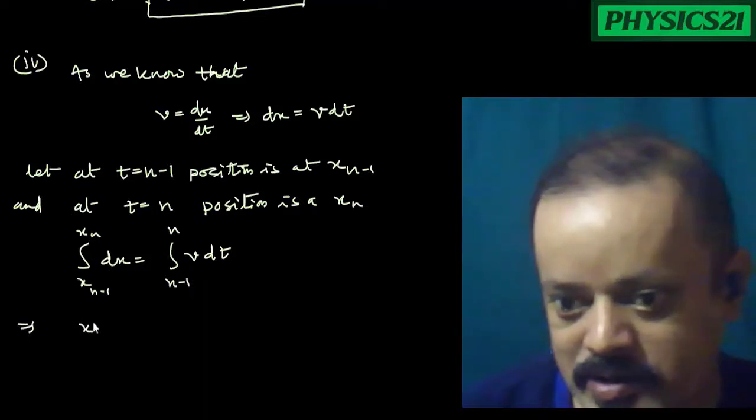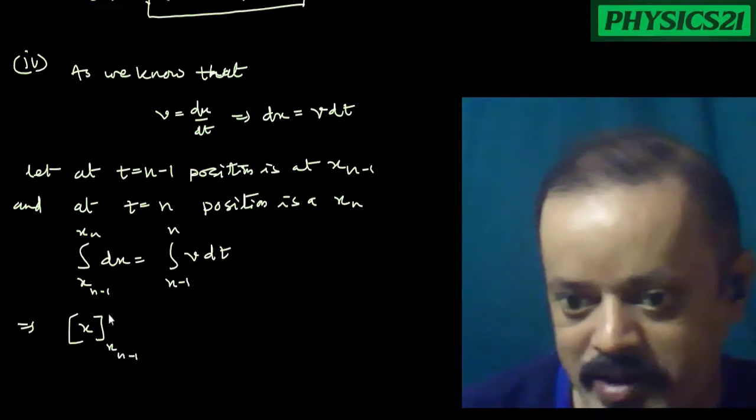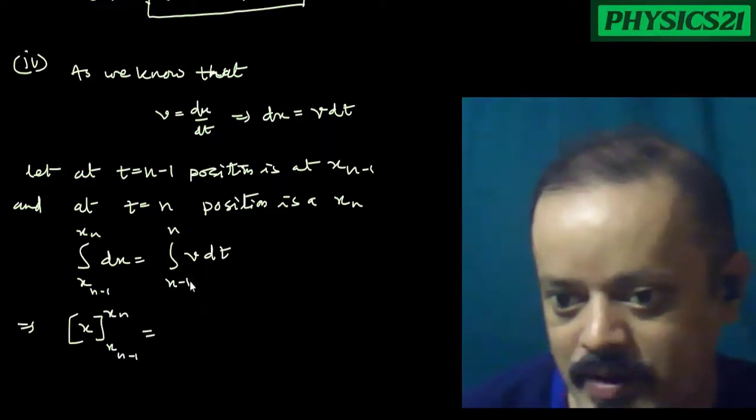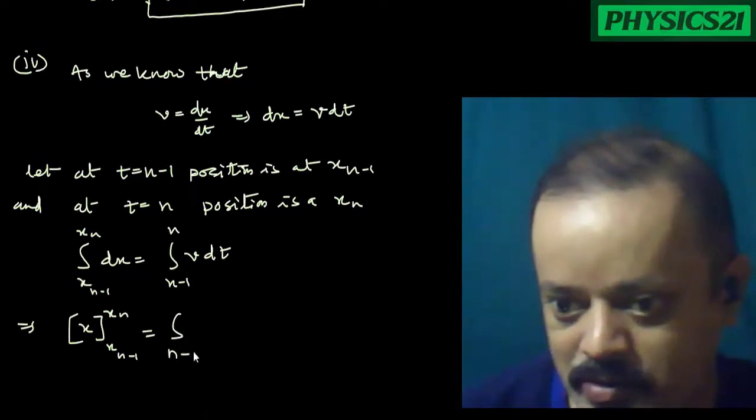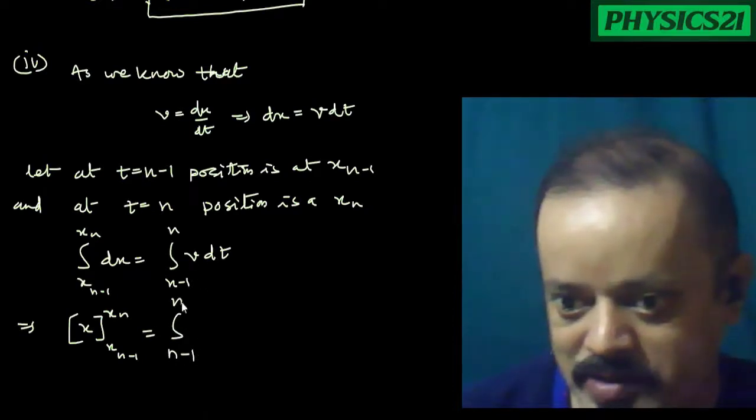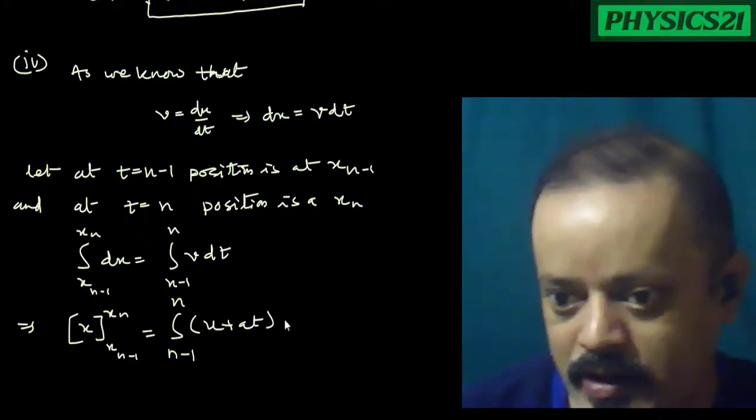As we solve this integration, it will be x, then limits x n minus 1 to xn. Here we will substitute the value of v from the first equation. So we get integration n minus 1 to n u plus at dt.